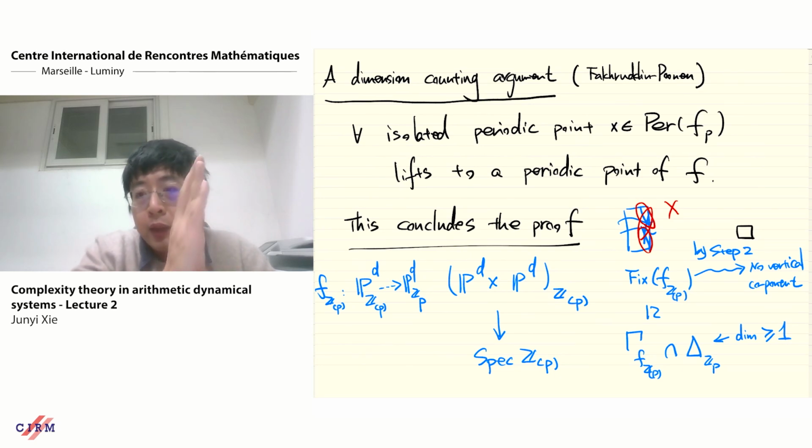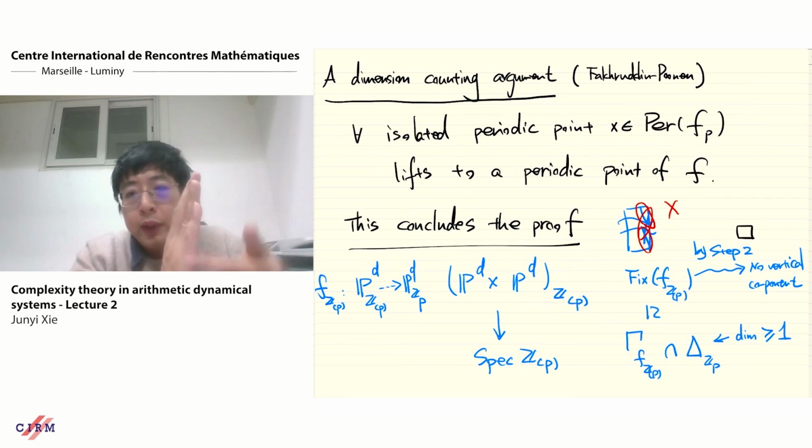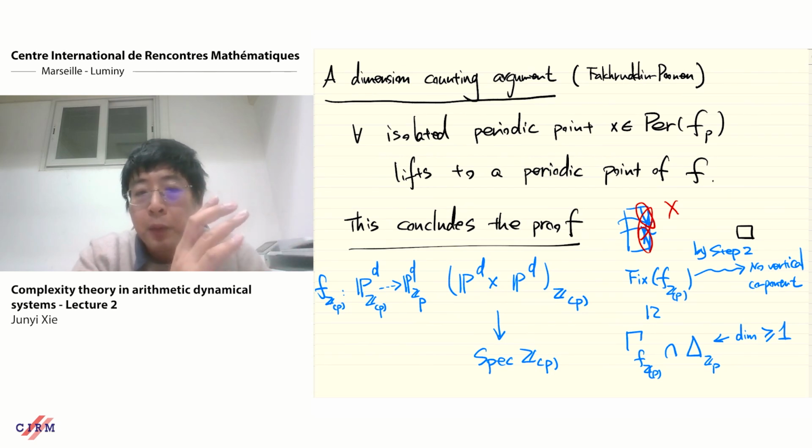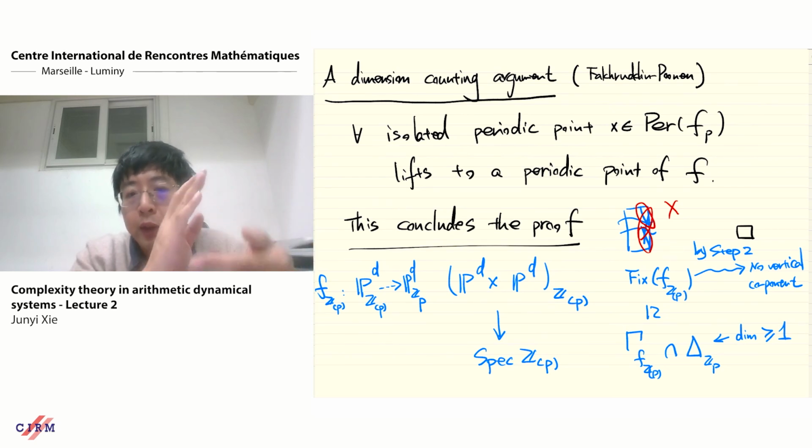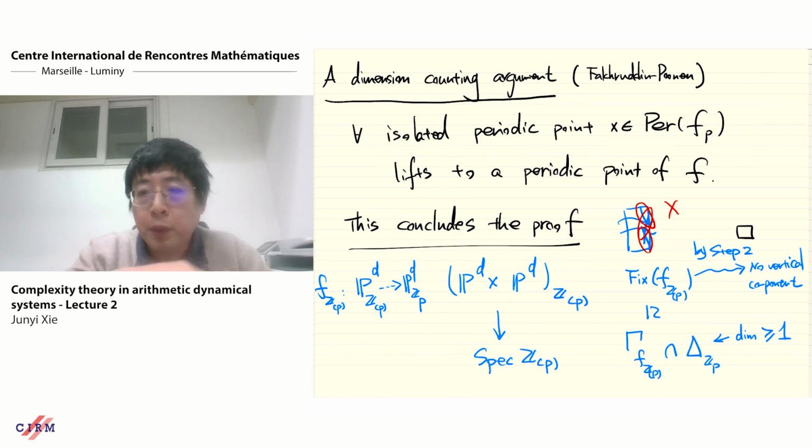But if it has a vertical component, it means that every point in this vertical component is not an isolated periodic point. So if you have some isolated periodic point in the special fiber, then the irreducible component passing through this point is always horizontal.